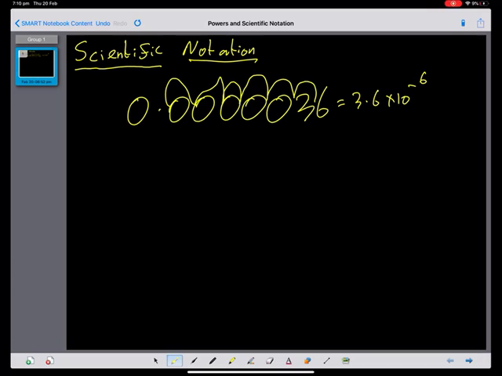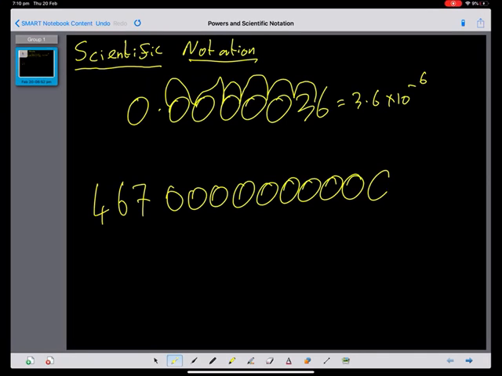Okay, so if we use another really big number, 467,000,000,000,000,000, and let's say that's the amount of bacteria on a chopping board or on a toilet seat, that number is really inconvenient to write down.